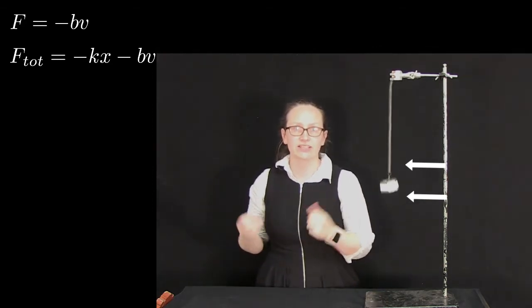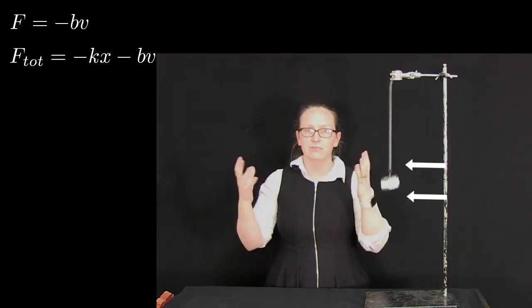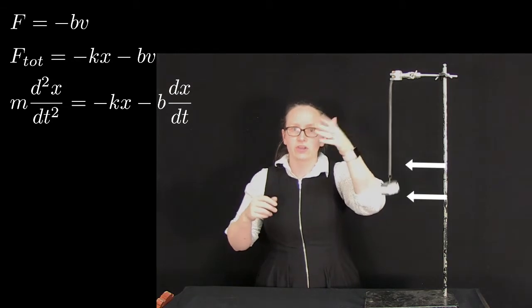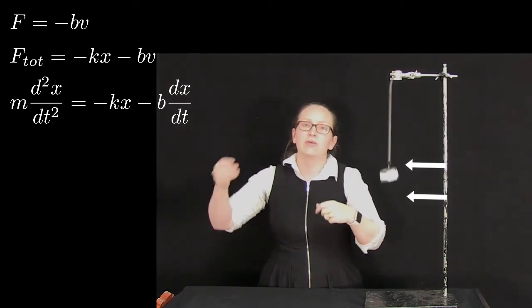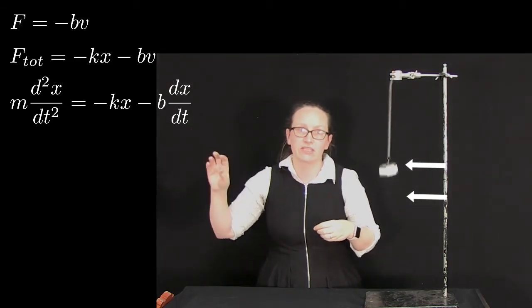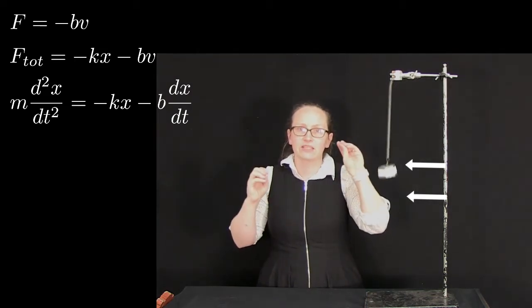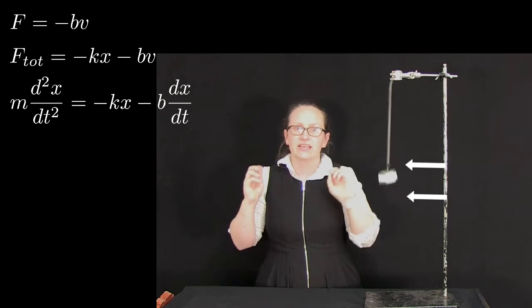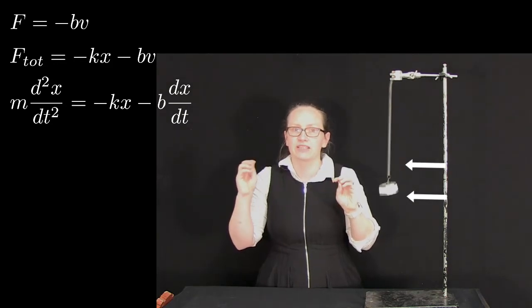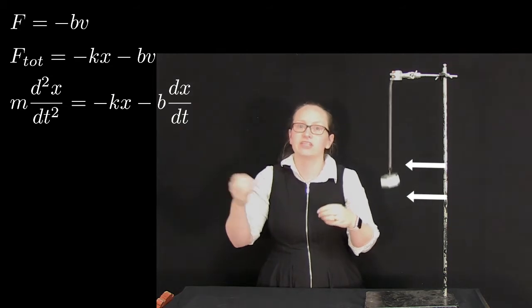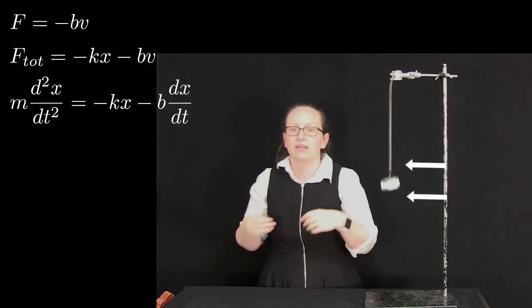But if you're interested, how we can solve it is we can write this out from Newton's second law. We know that the total force is equal to ma, which is the second derivative of the displacement. So we could rewrite this equation as m d²x/dt² equals minus kx minus b dx/dt, because the velocity v can just be written as dx/dt.